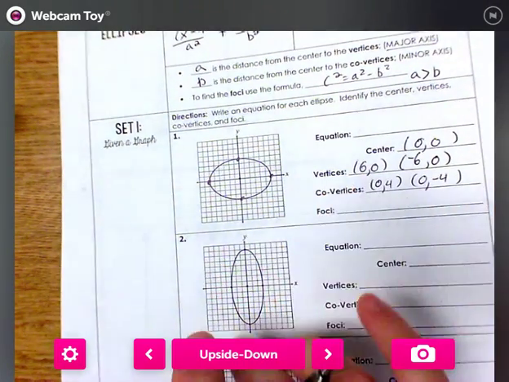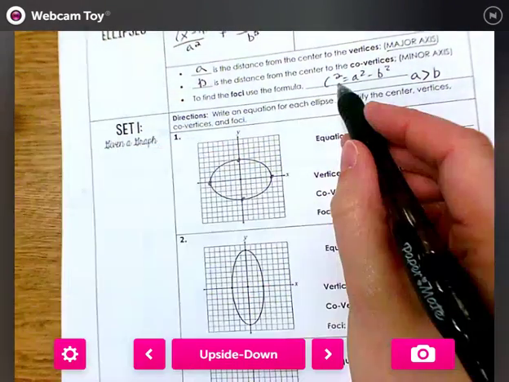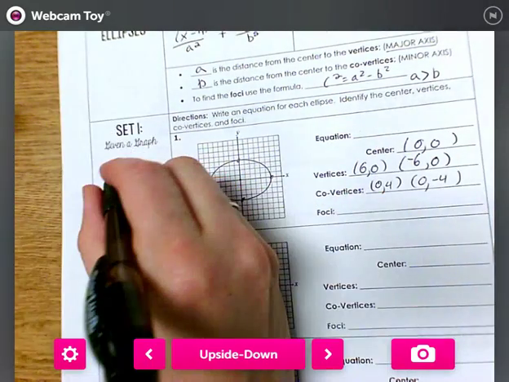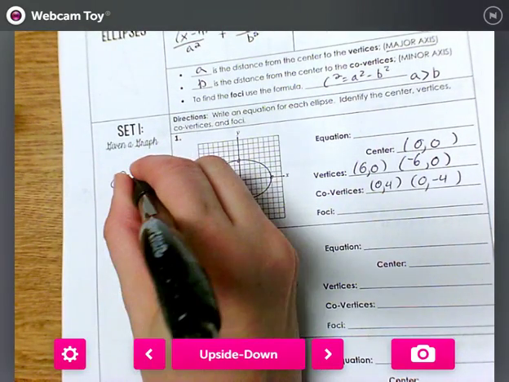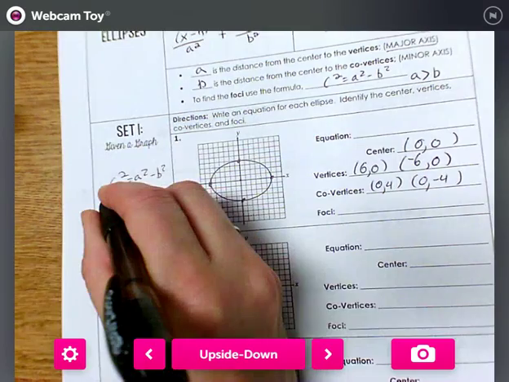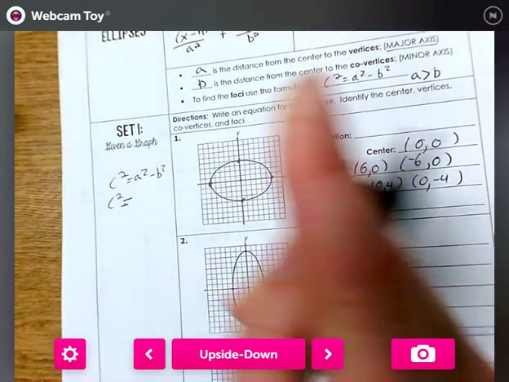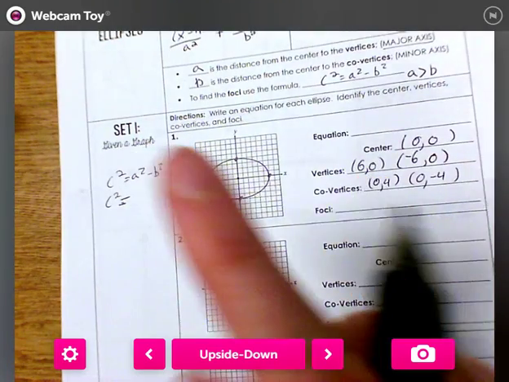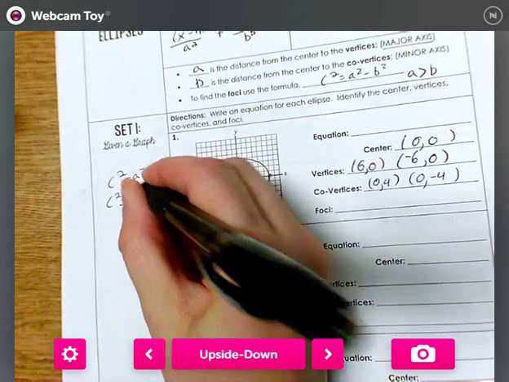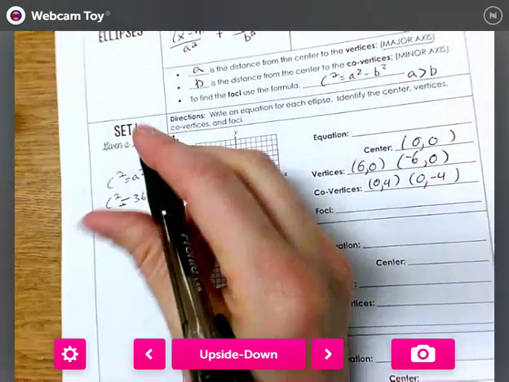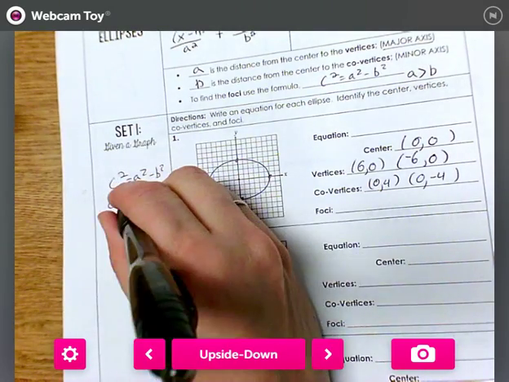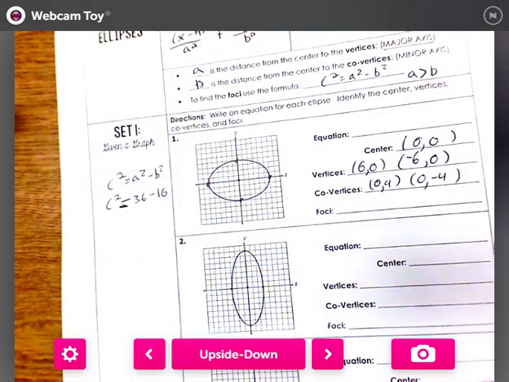I'm going to use the formula right up here. So c squared equals a squared minus b squared. So c squared equals, and my a is 6, so I need to do 36, minus my b is 4, so I'm going to do 16. I just squared them and put them in there. Everybody good so far?